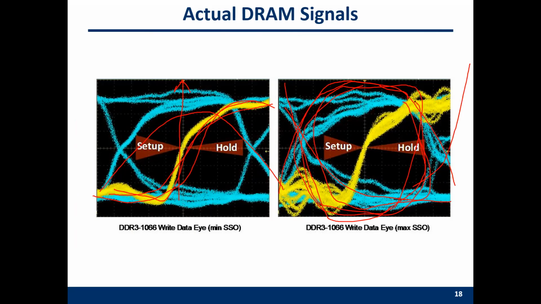We hope that the eye size is large. If the DRAM has a small eye, then the signal quality is not good. So people hope that they can have a large eye. A large data eye indicates you have better signal quality.